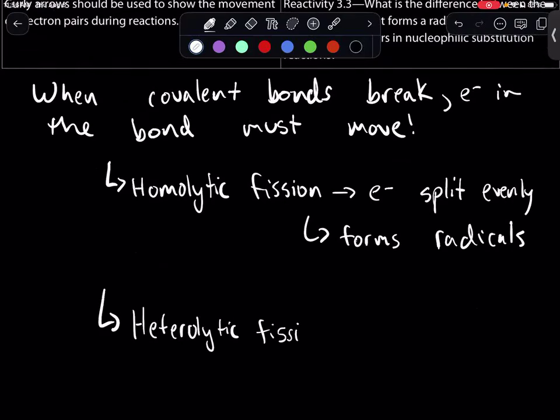Using your prefixes and just knowing that usually one's the opposite of another, if homolytic fission was the equal or same splitting of electrons, heterolytic is going to be opposite or unequal splitting of electrons. Remembering fission also means split. So this is where both electrons move to one atom.